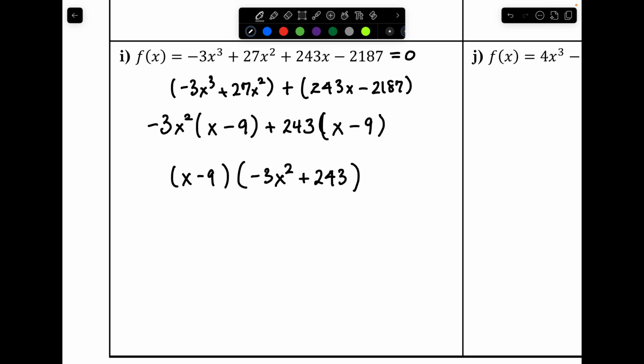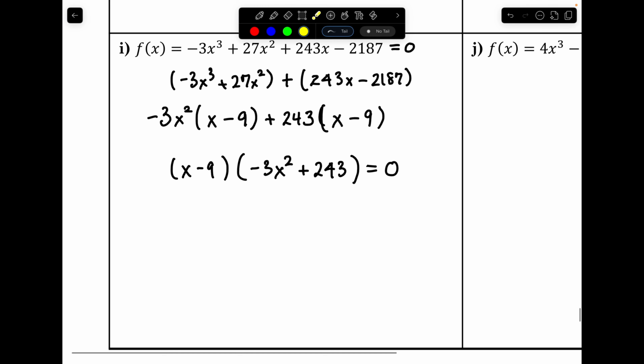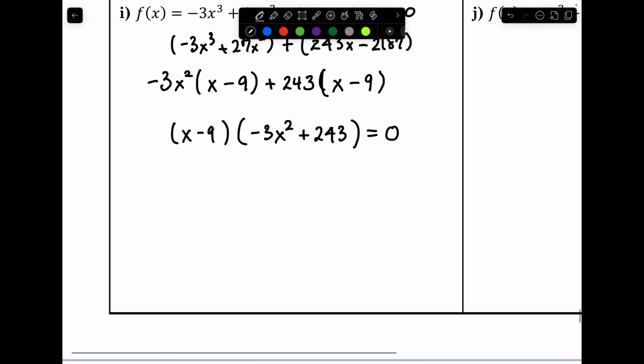Now this does not look like a difference of squares, but I bet you anything that if I divide both of these terms by -3, trying to figure out what makes this equal to 0, I will see a difference of squares in those terms. So let's factor out that -3. I have x minus 9. I'm going to divide the -3 out of the second term, so I'm going to put it right here in the front and factor that out.